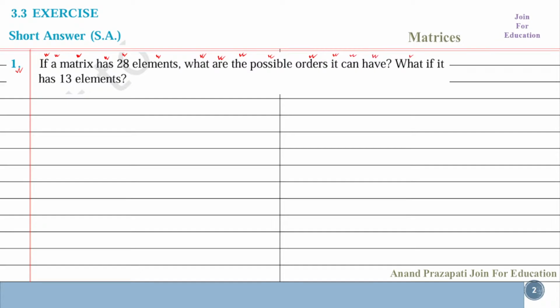What if it has 13 elements? So let's see the solution of this question. This is a short answer type question of matrices.